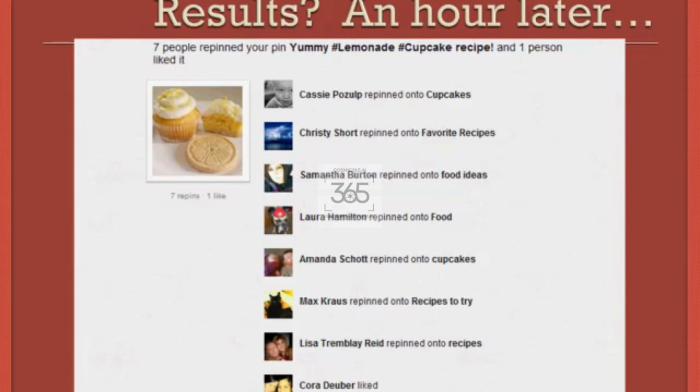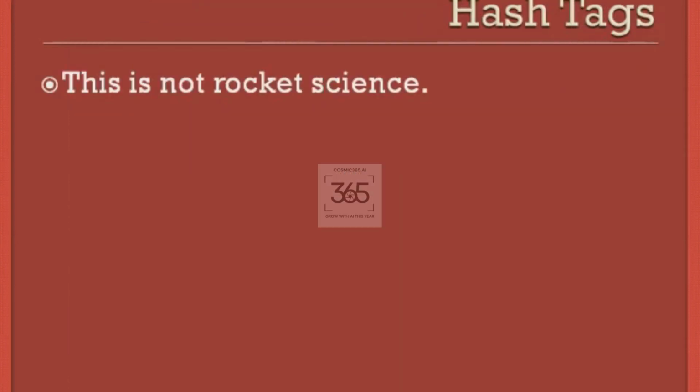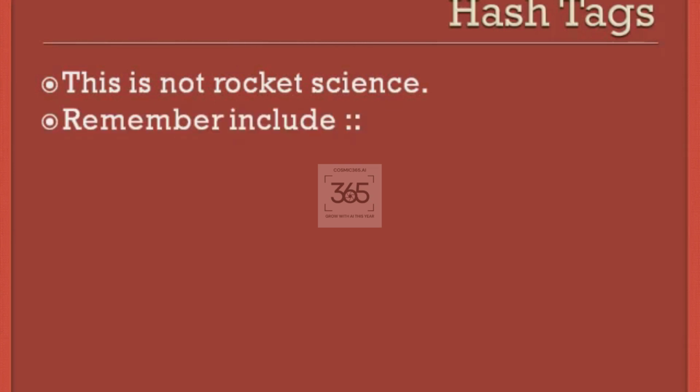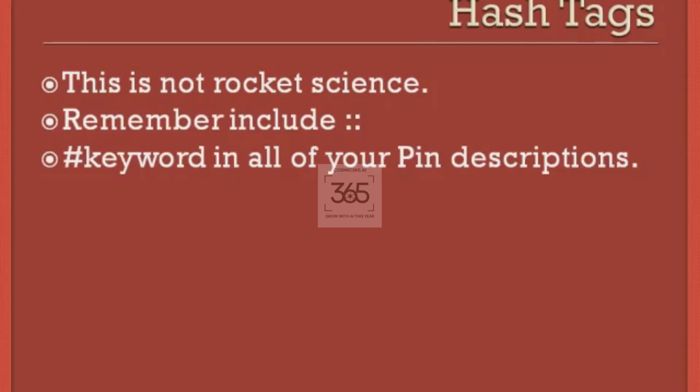It's not like I did anything. All I did was put up a pin of a picture and targeted it. So as you can see, it's actually very, very powerful to use hashtags. Now, this is not rocket science. So remember, include a hashtag and keyword in all of your pin descriptions, even the ones that you repin.